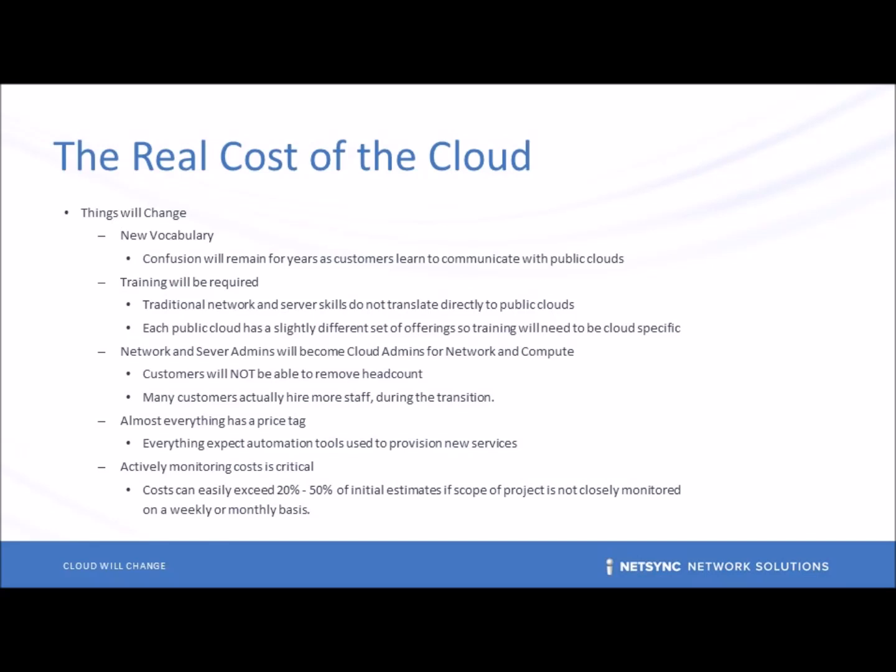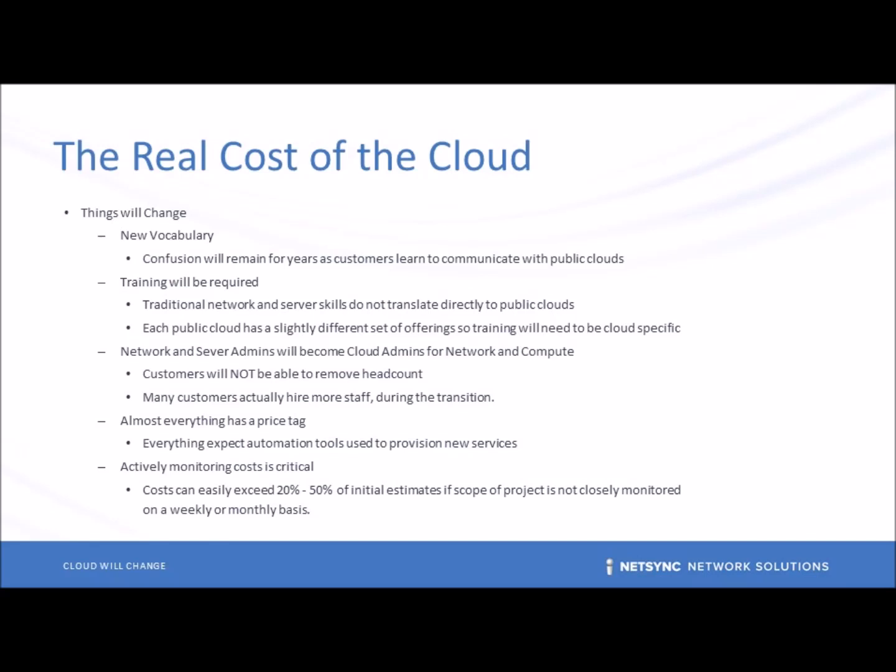So we want to put them out there. There's going to be confusion, in my opinion, maybe some kind of confusion on purpose, for years and years to come as customers learn more about communicating with public clouds and about public clouds with their vendors. You need to acknowledge that training is going to be required.